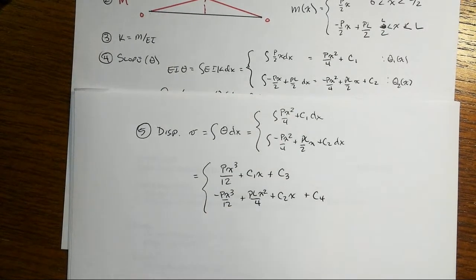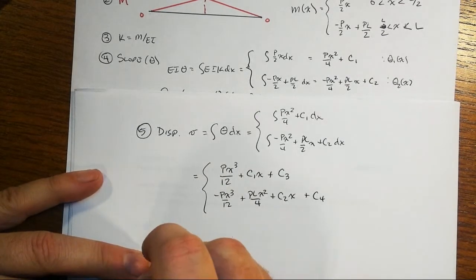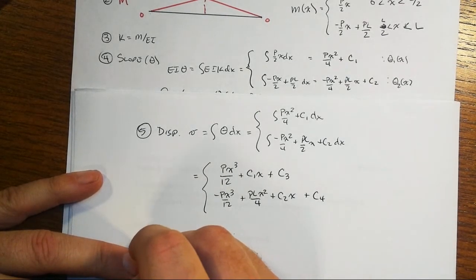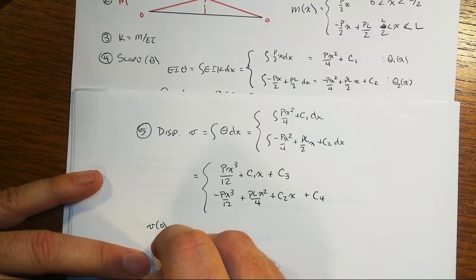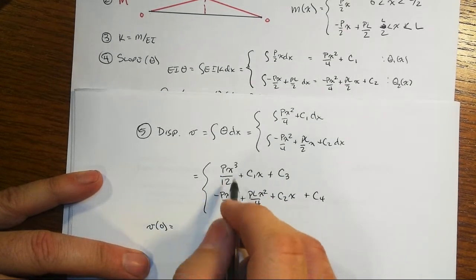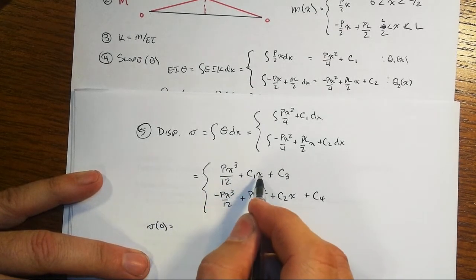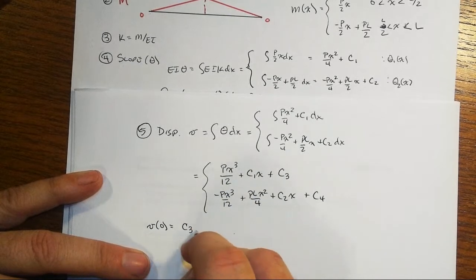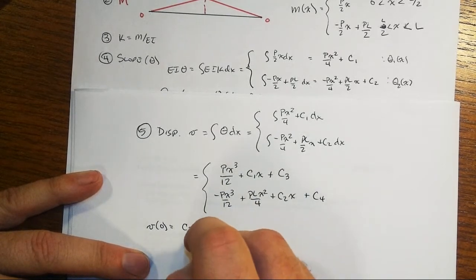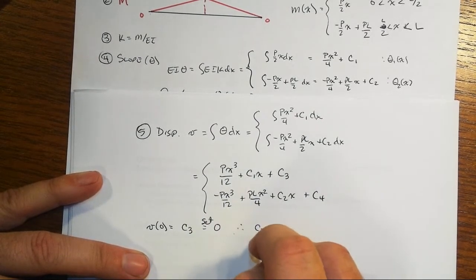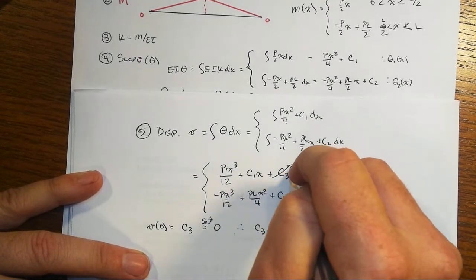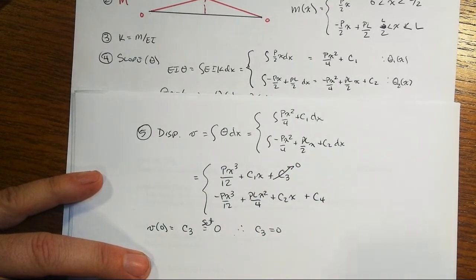Alright. Well, now what do we do with this? Well, now we can start evaluating a few things. For instance, boundary condition at 0. V at 0 equals p times 0 cubed over 12 plus c1 times 0 plus c3. That's the only one left over. It's supposed to be equal to 0, so therefore c3 equals 0. Woo! And get rid of one.